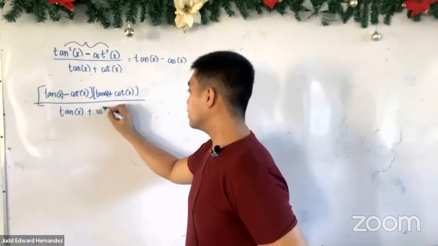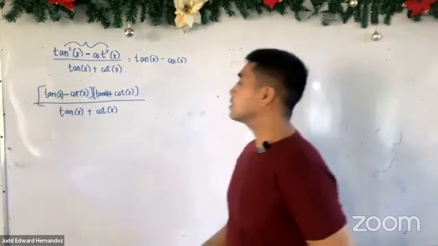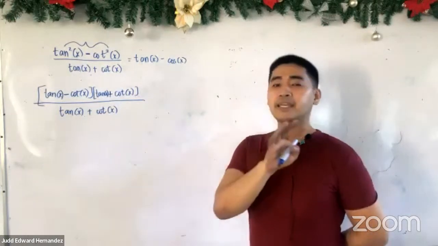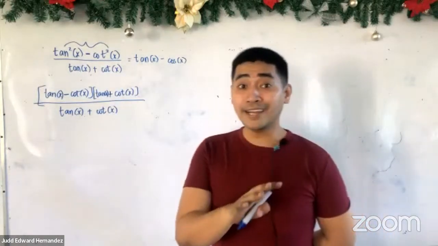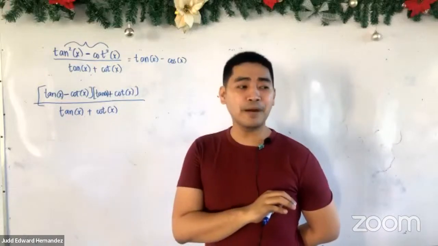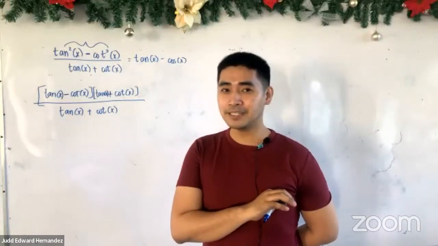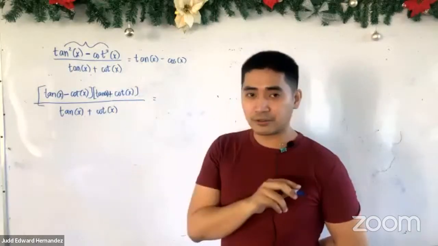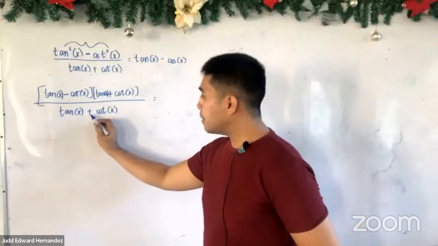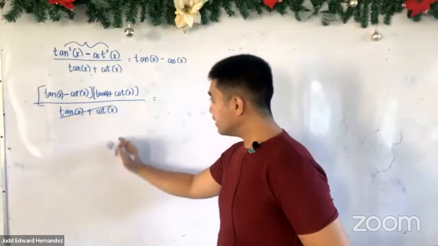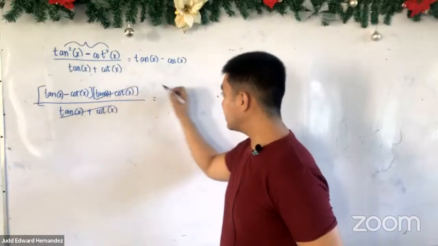Oh, tangent of x plus cotangent of x. In this case, may makikita na tayo na maliwanag na magka-cancel. Tama po ba? May magka-cancel po ba sa given natin? Yes. Meron po, sir. Okay. And that is the denominator and one factor of the numerator. So hanapin mo yung may plus, this will cancel out.